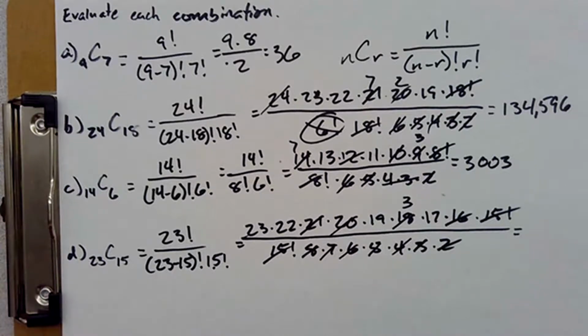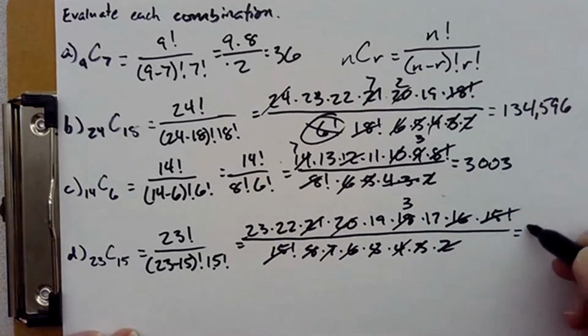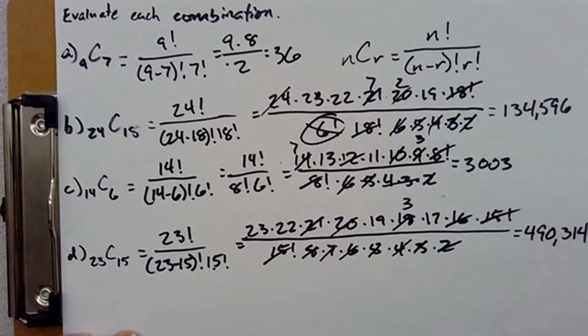Let me do that once more because I think I entered something wrong. 23 times 22 times 19 times 3 times 17. That's better. That is 490,314.